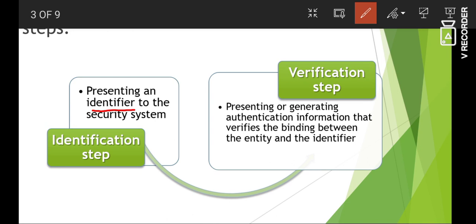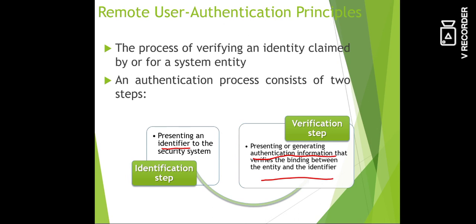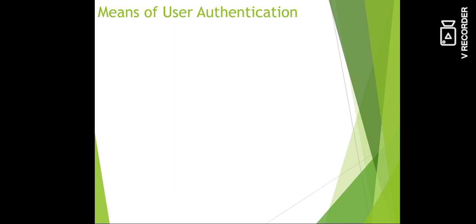In the verification step, we present or generate authentication information, and by that authentication information we verify the binding between the entity and the identifier. So we have two steps in the authentication process: identification and verification.